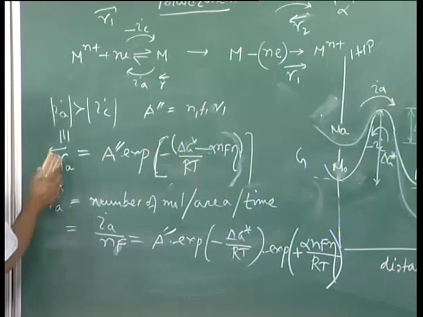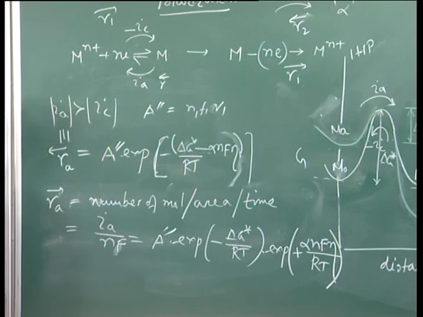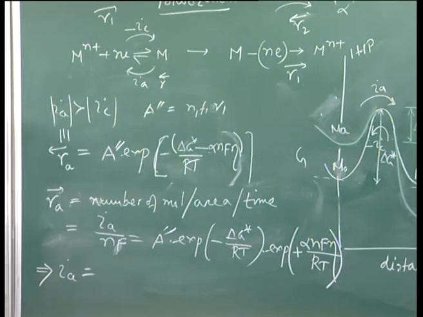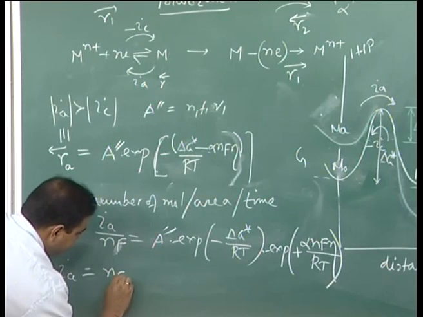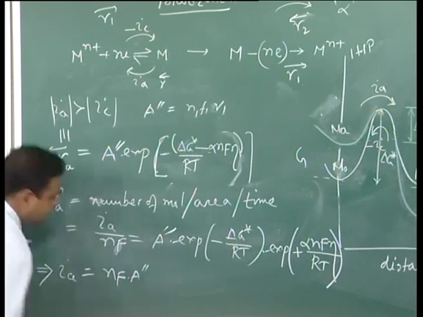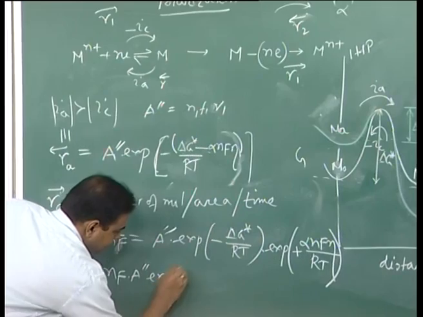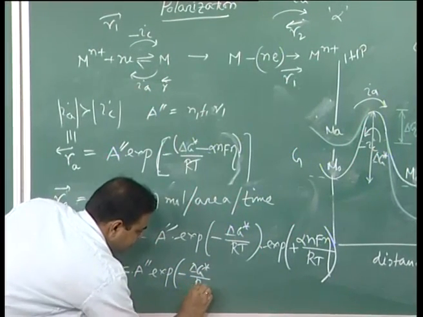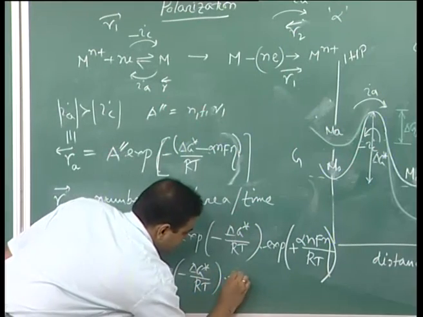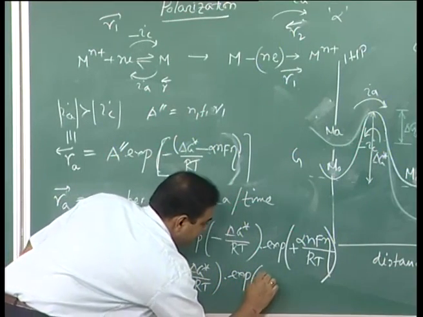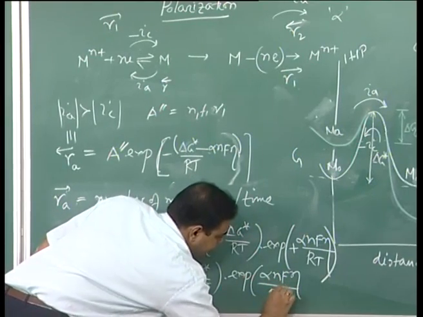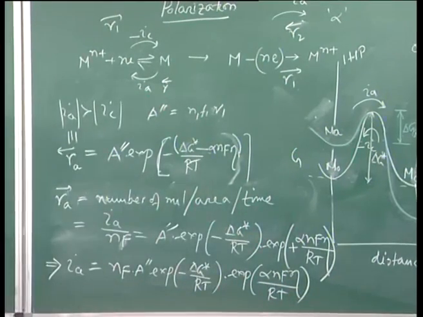Now, I can write it. So, this would be equal to I A would be equal to n F A double prime exponential minus del G star by RT into exponential alpha n F eta by RT.